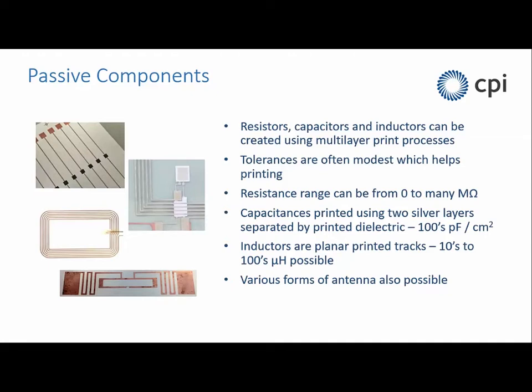And then the bottom circuit there shows an RFID antenna. This is one of the most common applications of printed electronics, or these types of technologies anyway. RFID has been around for quite a number of years. All of the tags that go in clothing and more and more even on expensive foods and other drinks and this type of thing.